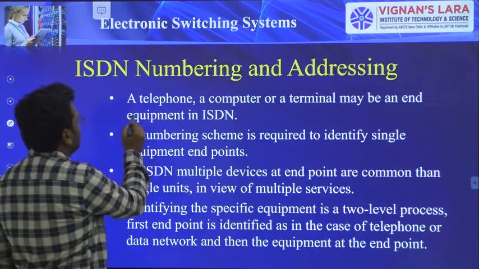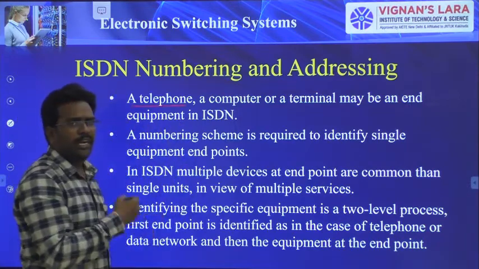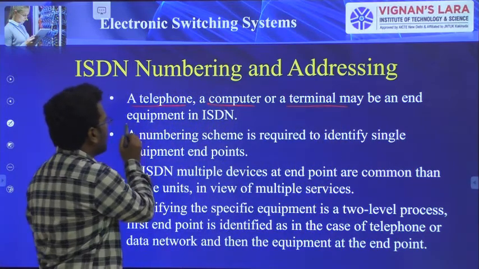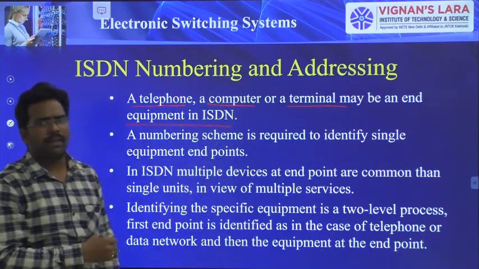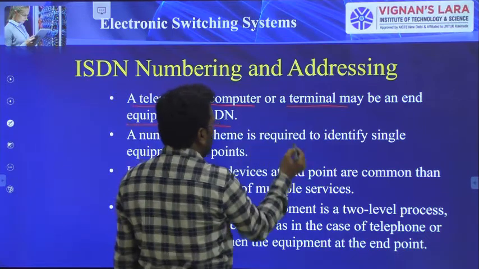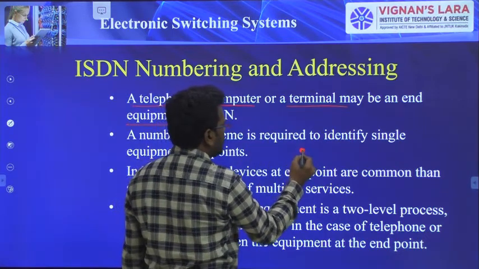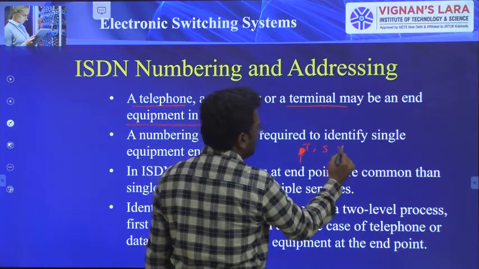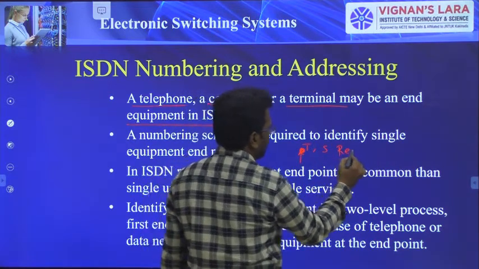So a telephone set, a computer or a terminal may be an end equipment in the ISDN. Generally we connect these end equipments to the T reference point or S reference point, based upon the service.